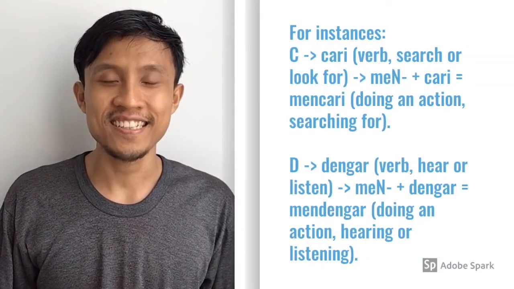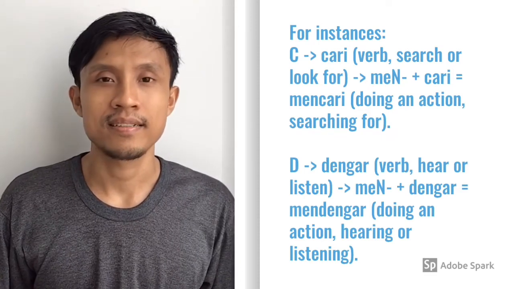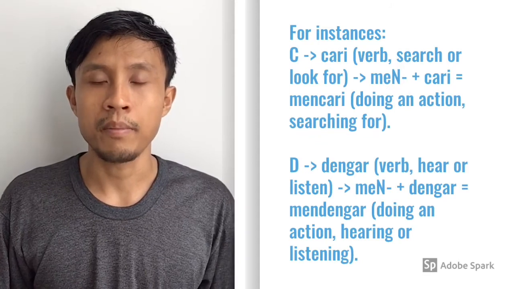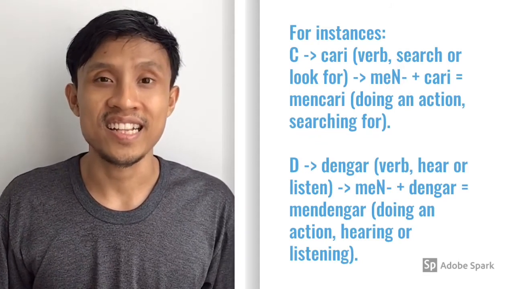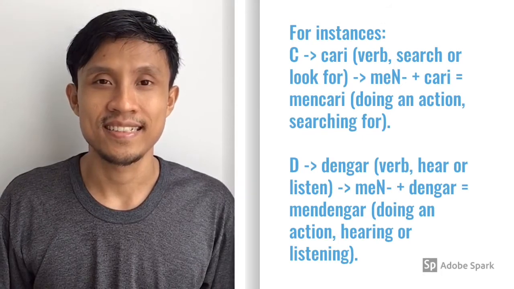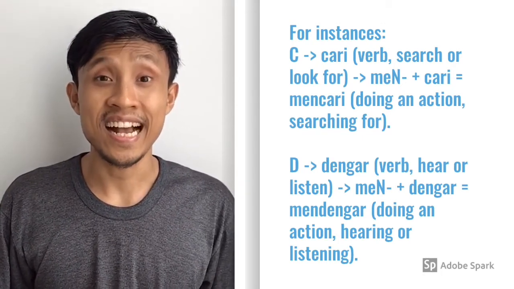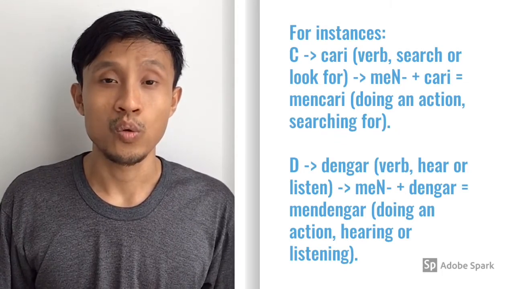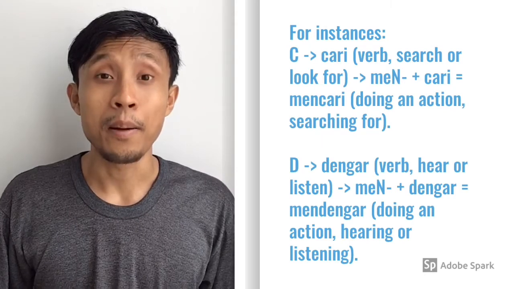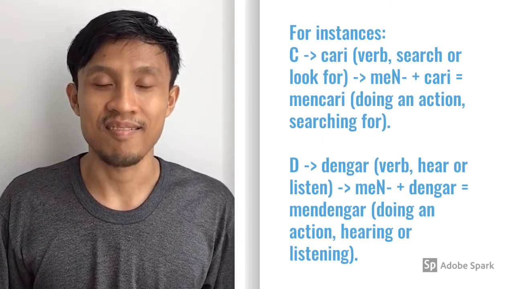For instance, C, cari, then we put prefix me before the word, becoming mencari. And then D, dengar, we add prefix me before the word, becoming mendengar.